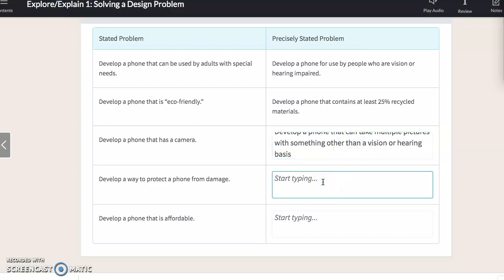Develop ways to protect the phone from damage. Develop a phone hard case that is lightweight and protects the phone.